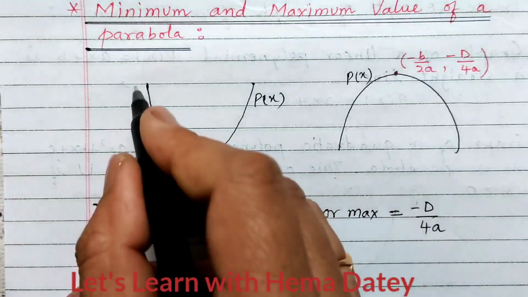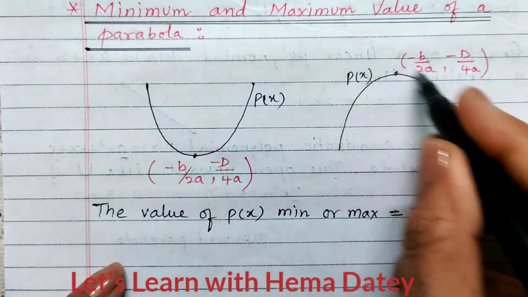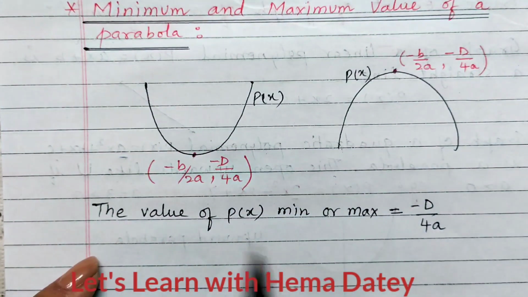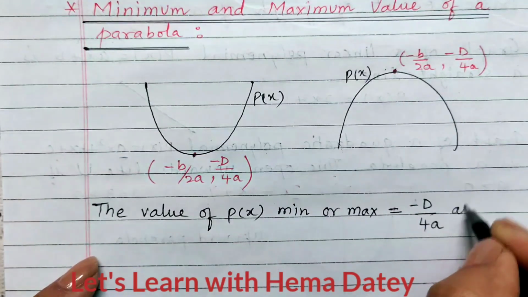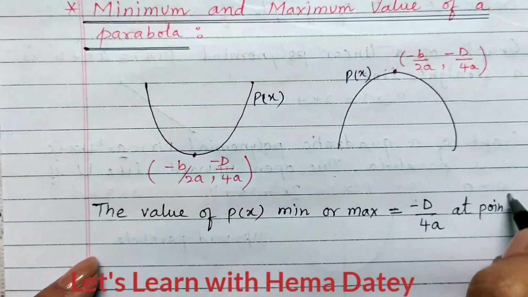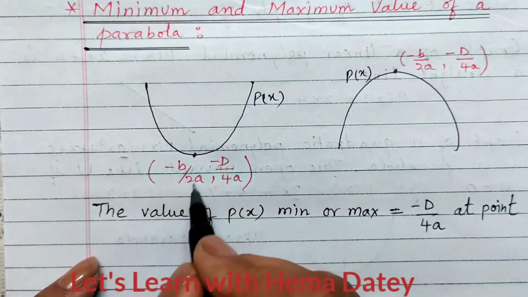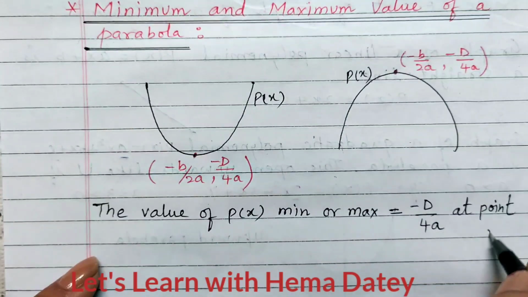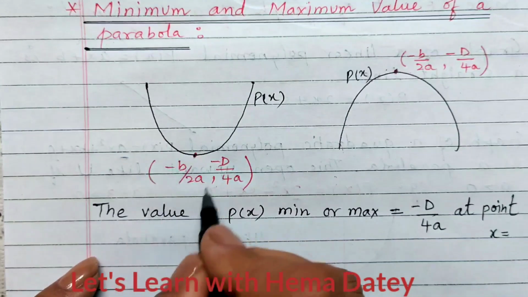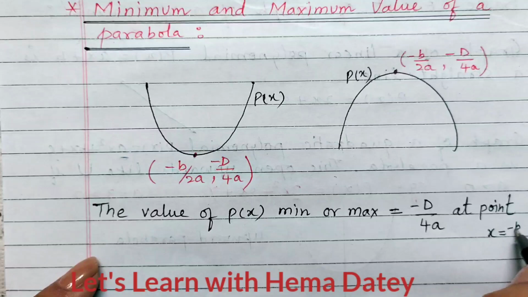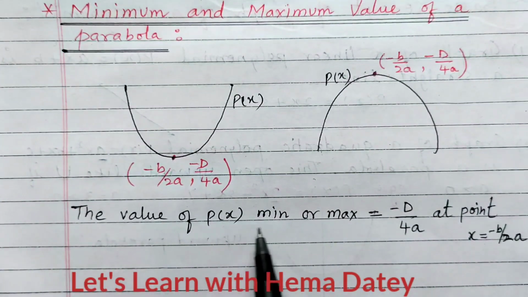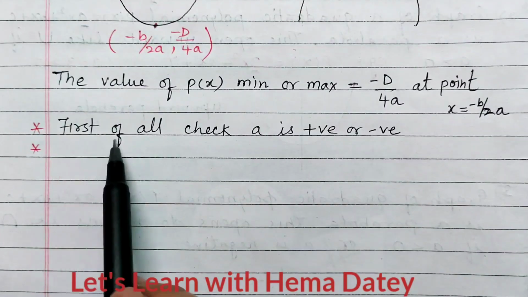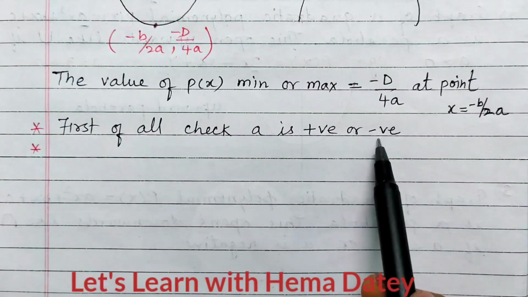This is the minimum or maximum value of the parabola at x equals minus b by 2a.